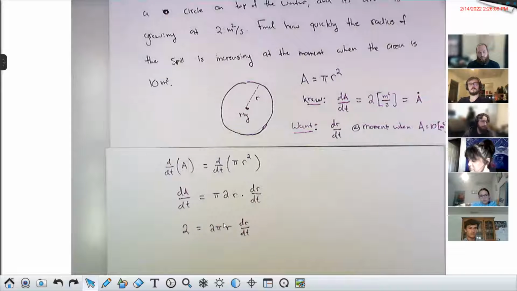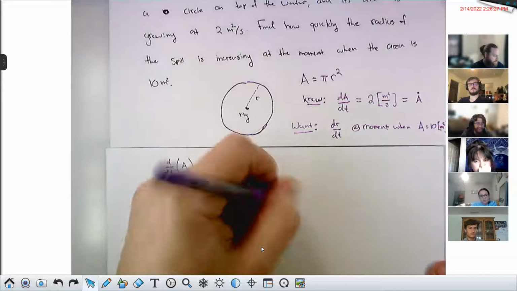In order to get rid of this variable r, I need to figure out what the radius of this spill is at the moment when the area is 10. That's the moment I'm interested in. And if I plug that in here and then solve for dr/dt, we win.